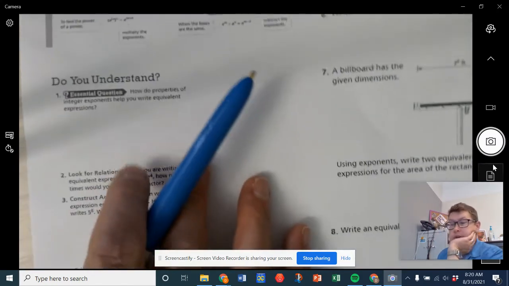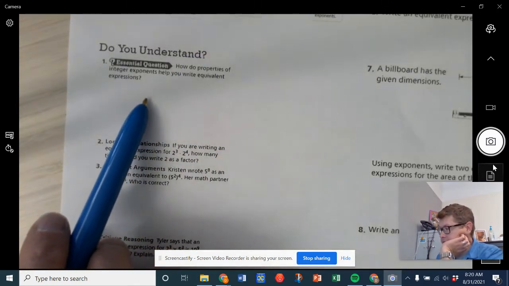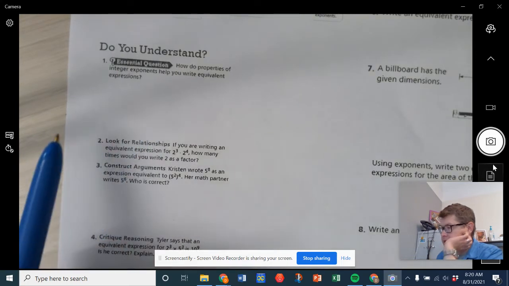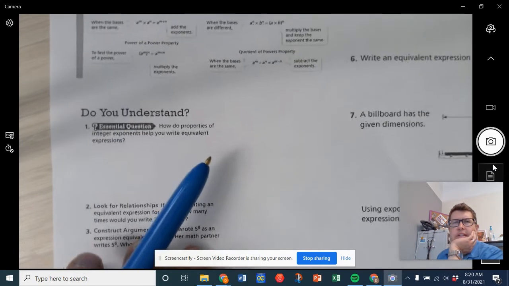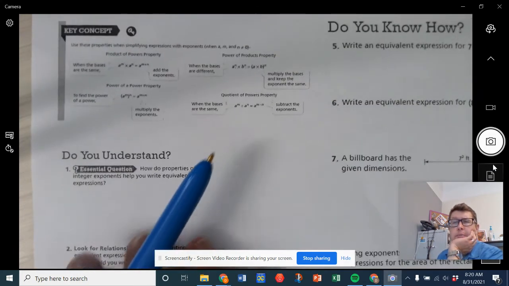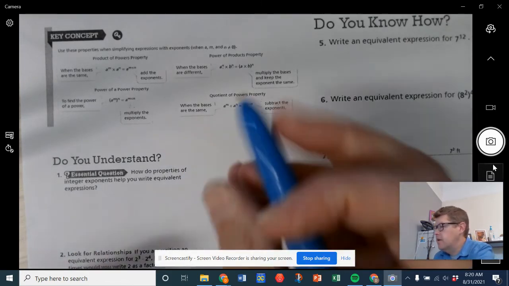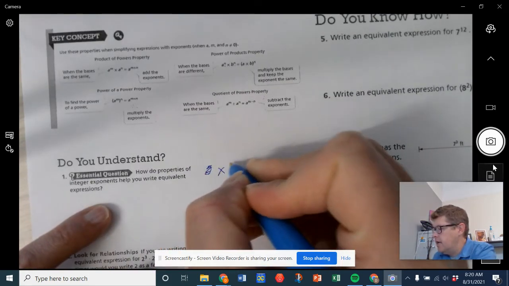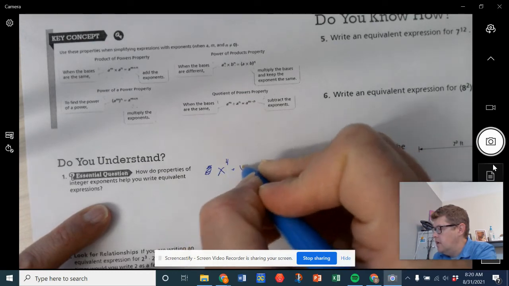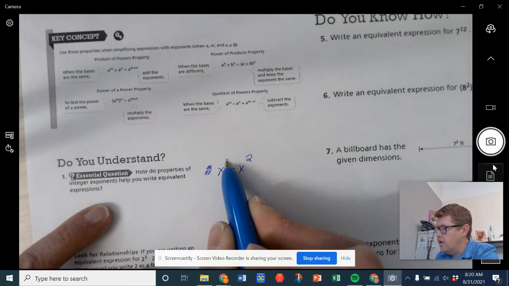What I'd like you to do is go through these and write how properties of integral exponents help you write equivalent expressions. Like if I had, let's say, x to the 4th times x squared, since they're being multiplied together, all I do is add the exponents.